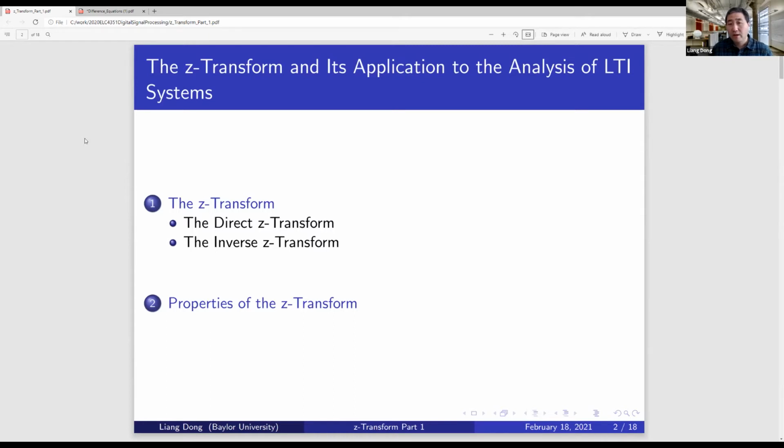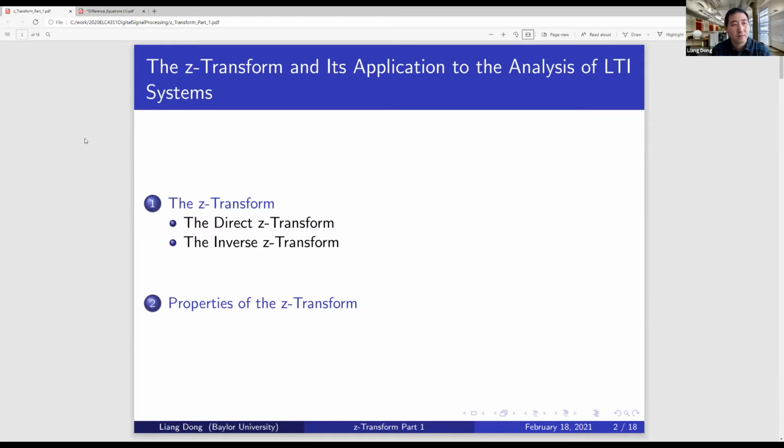Reversely, if I have observed the input x and observed the output y, I want to identify the system, to find h. What I really need to do is a so-called deconvolution to find h out of y and x. And deconvolution is quite difficult to do mathematically, or just difficult to compute.